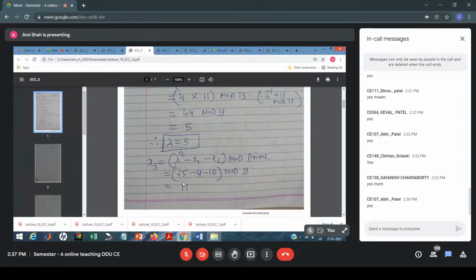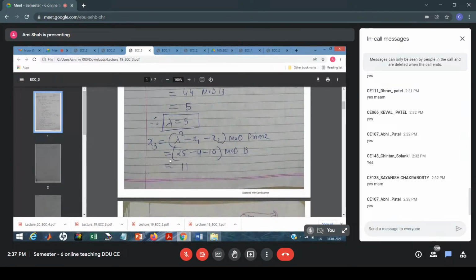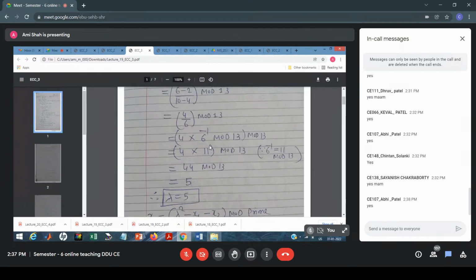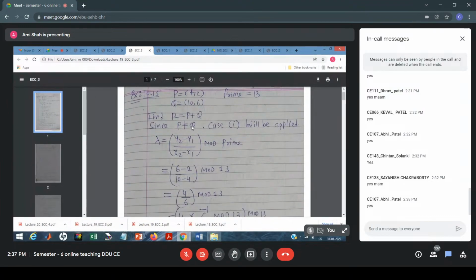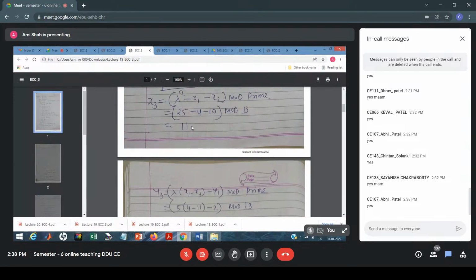Now once I have lambda, I use the formula x3 equals lambda square minus x1 minus x2 mod prime, right? So lambda is 5, so 25 minus x1, which is 4, and x2, which is 10. All these values you have to put here. When you put them, x3 equals 11.